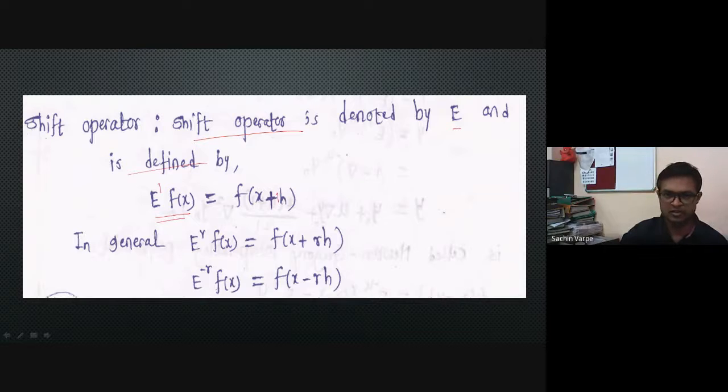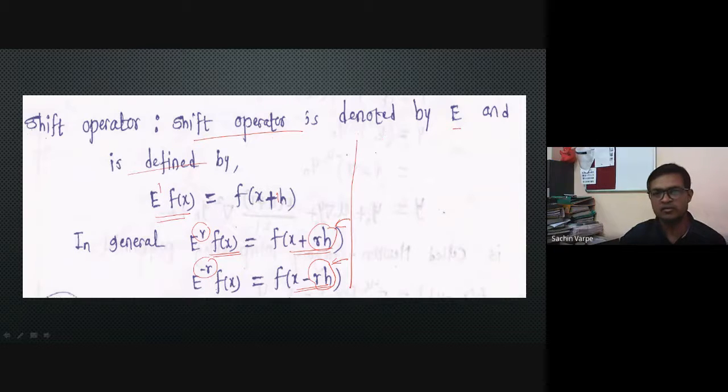So in general, if I raise the power of E to r, E raised to r of f of x is f of x plus rh. Minus r means x minus rh. So that many steps ahead, that many steps back. Is this clear?